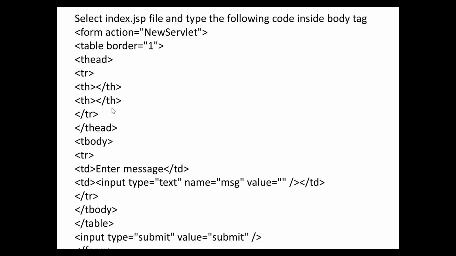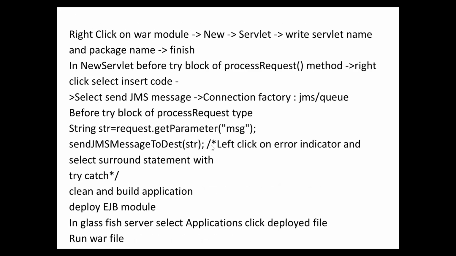So this is a simple form action we have to write in the HTML. Finally, click the web module, create a new servlet, write the servlet name and package name, and finish it. This is the process. You can directly go to this video so you can easily understand.